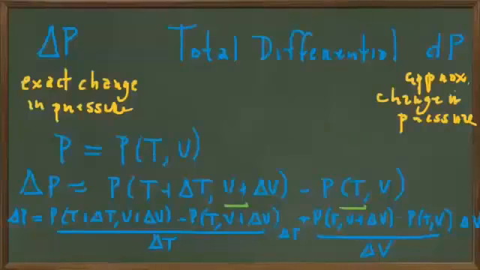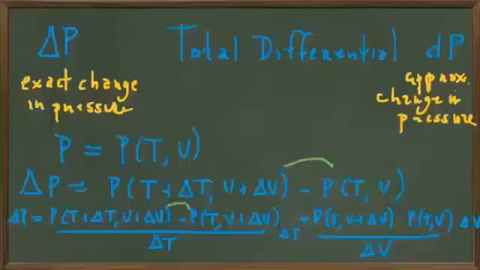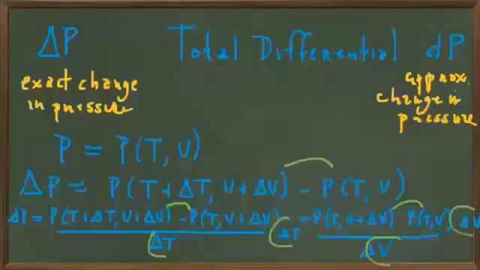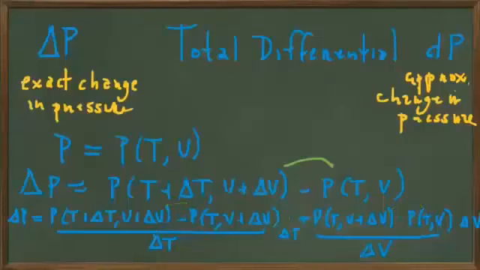And we have expressed this single difference as two differences, as this difference added to this difference. And in the first case we have divided and multiplied by delta T, and in the second case we have divided and multiplied by delta V. So take a look at the expression on this line, and satisfy yourself that it is the same as the expression on this line right here.